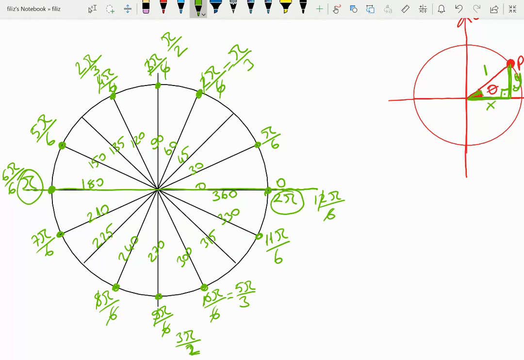We can simplify here 4 pi over 3. Yeah, I think that's it. Okay.